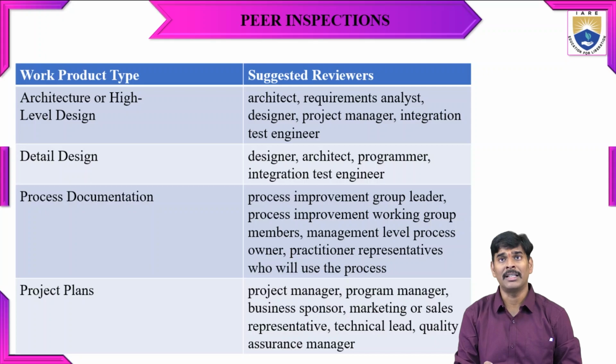If you take general reviewers for the inspection of the different types of modules, they cannot identify the bugs or defects in the software products. So there should be specialist reviewers to identify the flaws in the architecture or in the design part.